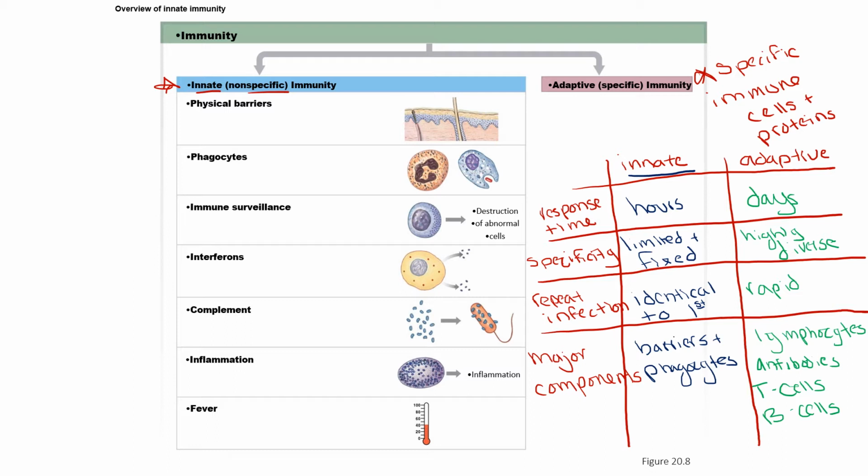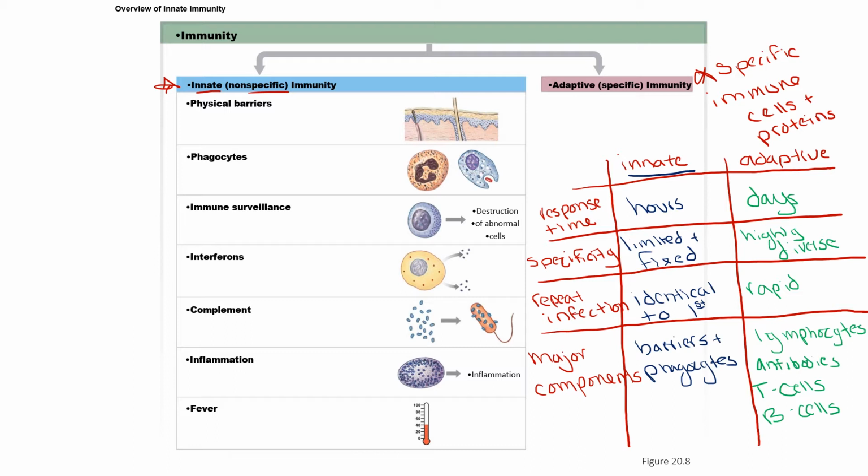This is what I really want you to know between your innate immunity and your adaptive immunity. The first thing is the response time. Your innate immunity is going to take just a few hours to respond to whatever it is responding to, whether that is an infection of some kind or some type of pathogen.